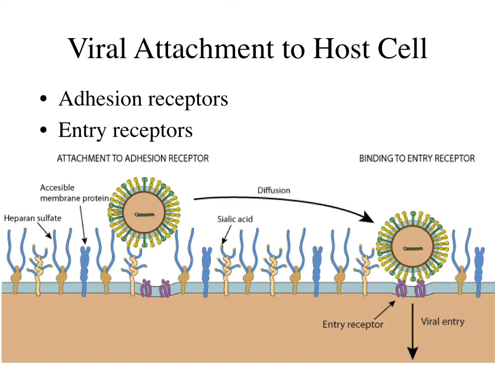However, it enhances infectivity significantly by concentrating the virus in the vicinity of the entry receptors. Entry receptors trigger virus entry by endocytosis or by inducing fusion, and the consequences of this binding is irreversible. Adhesion and entry receptors are often referred to as co-receptors.